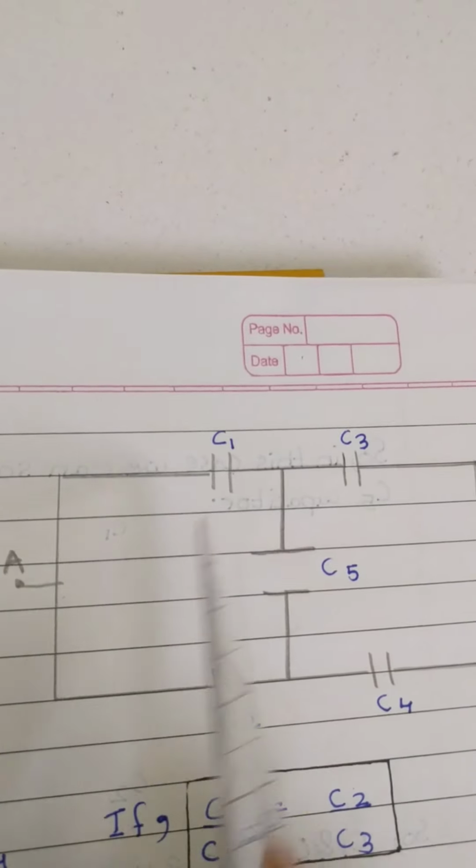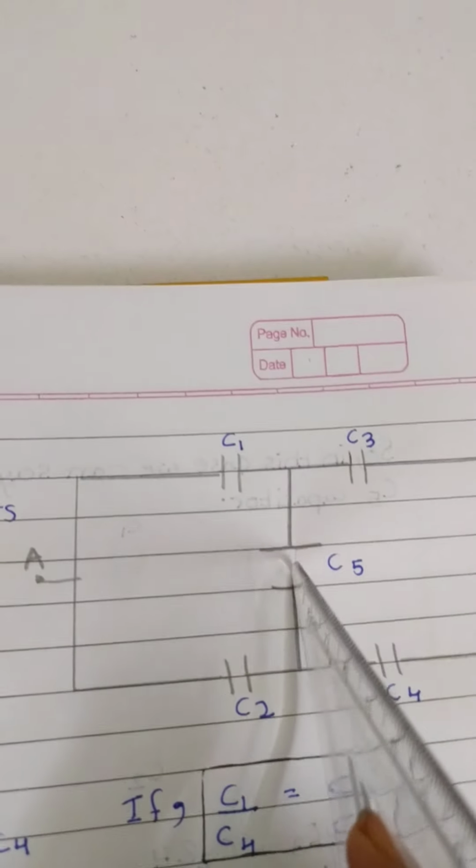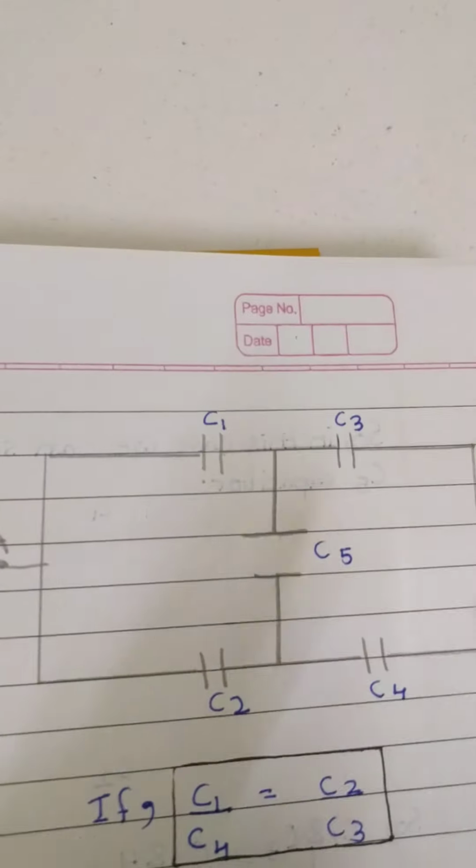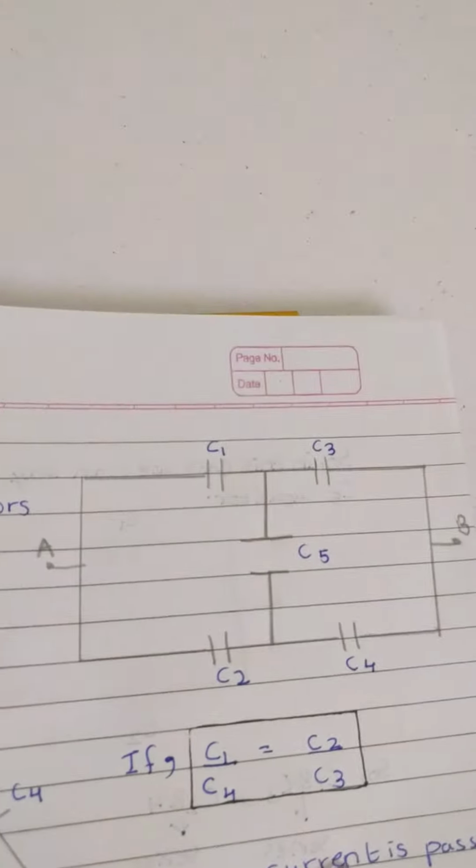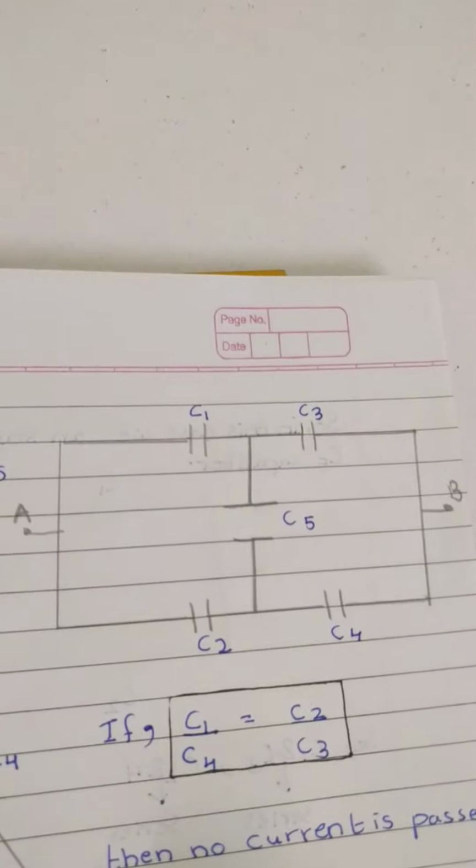Are these two parallel? No, because there is another branch in this. These two are also not in parallel, and these two are also not in series. If something comes like this, then there are two cases.